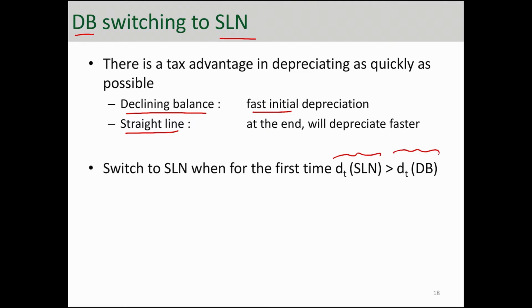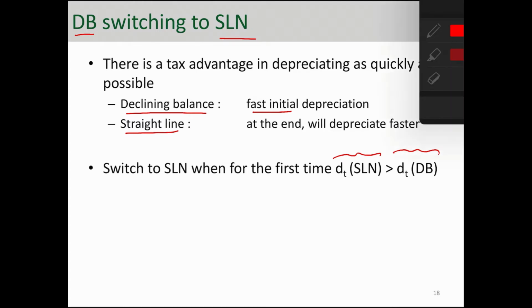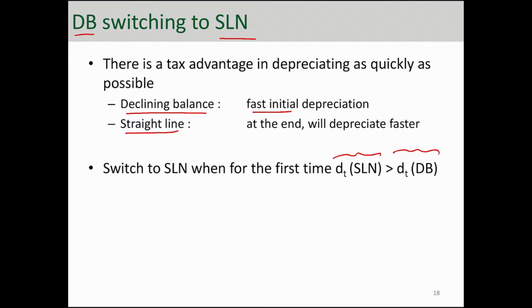If you're at year 4, let's say, and you're preparing your taxes for that year, calculate the depreciation of straight line method, calculate the depreciation of declining balance method, and see which one is bigger. Well, it turns out if you dive into the formulas, depreciation of straight line method at any year is the book value of previous year minus salvage value, which is essentially the amount left to depreciate, divided by the number of years left.